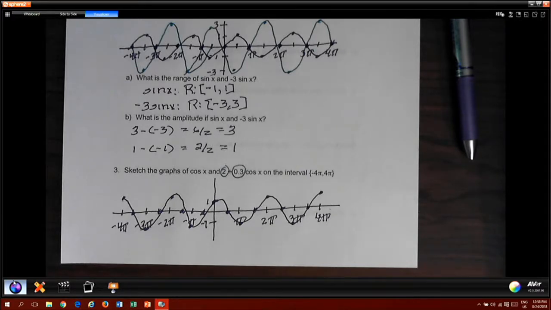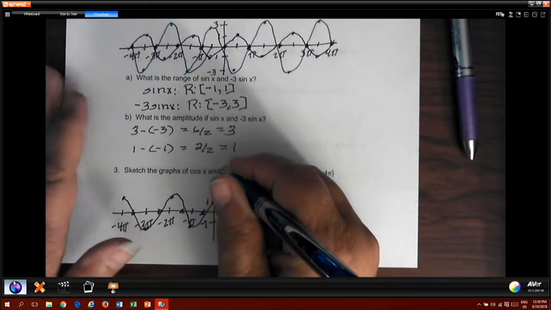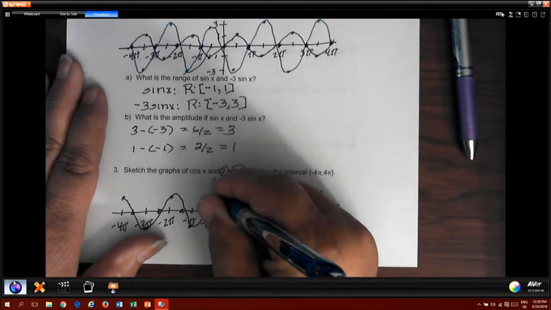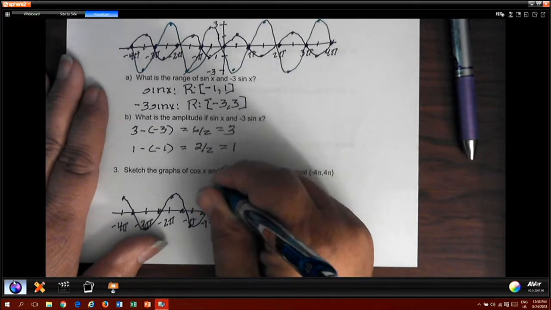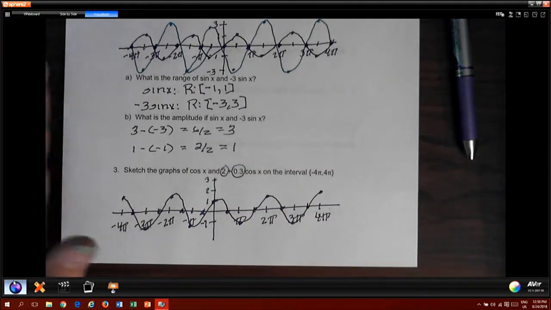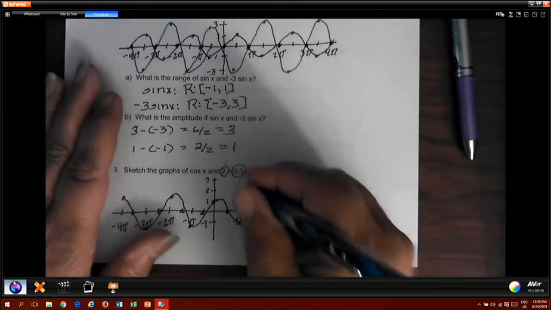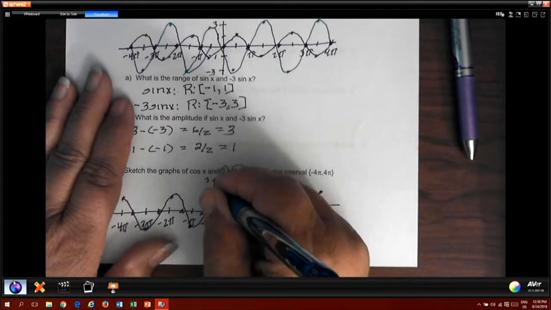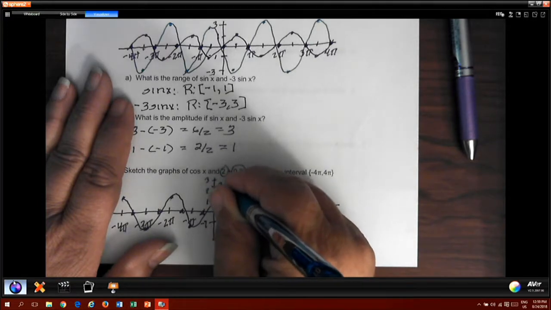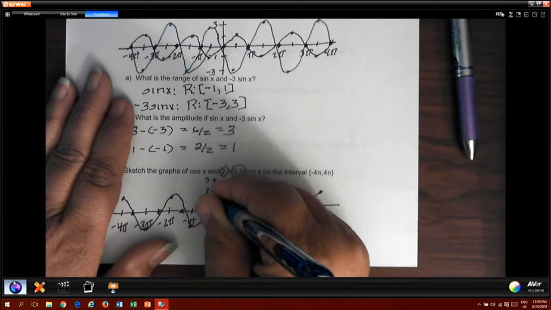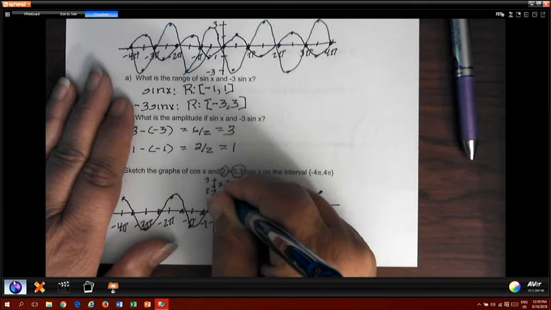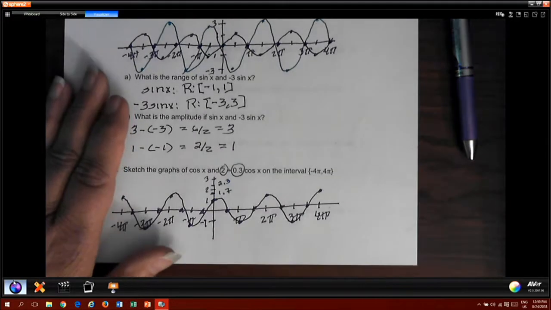So if we do up to 2 and up to 3, but it's really not going up to 2 and up to 3. We're only going 0.3. So the high is going to be at 2.3. The low is going to be at 1.7.